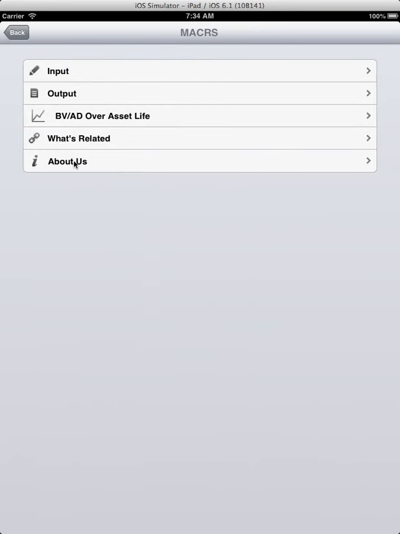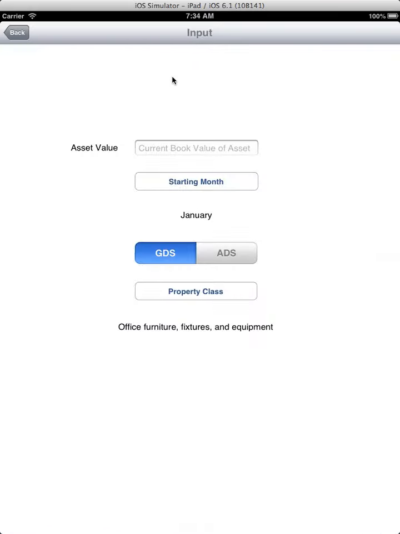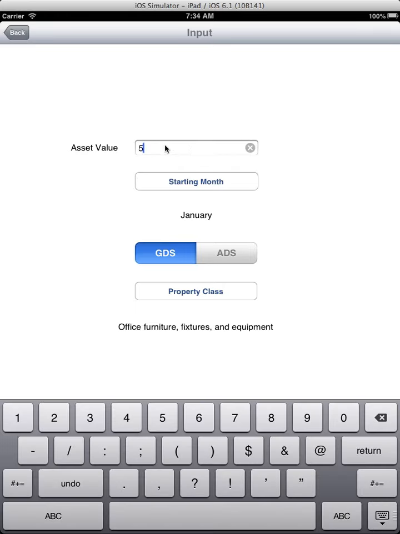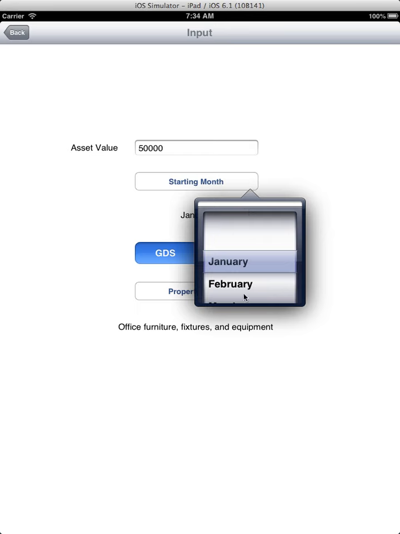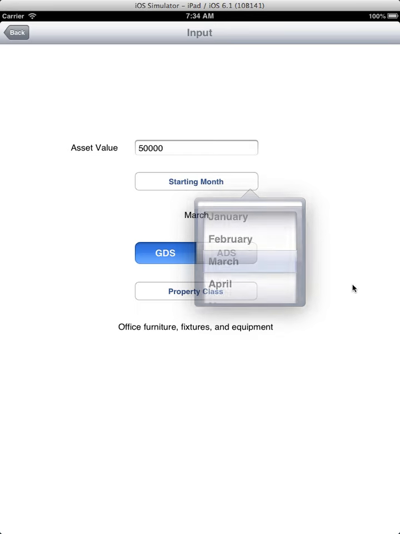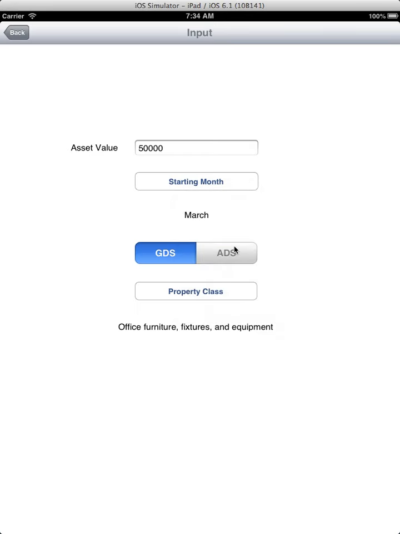Now this is the modified accelerated depreciation rate schedule, and here we enter the asset value and, say, beginning month. We can select whatever it is, and then we select the method, GDS or ADS.